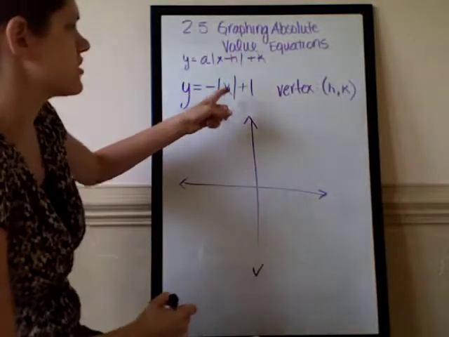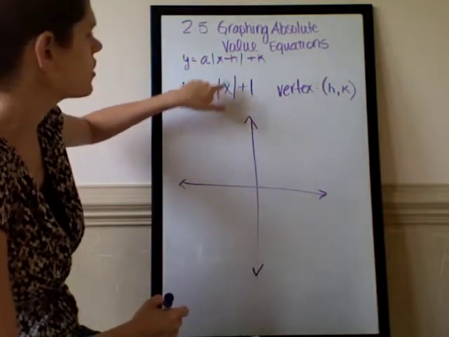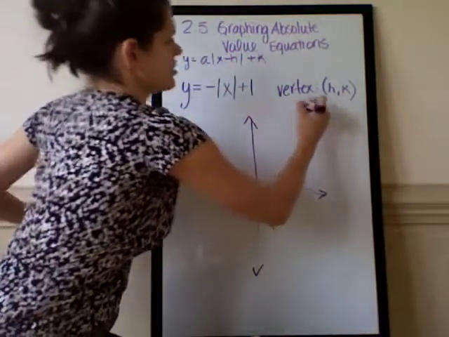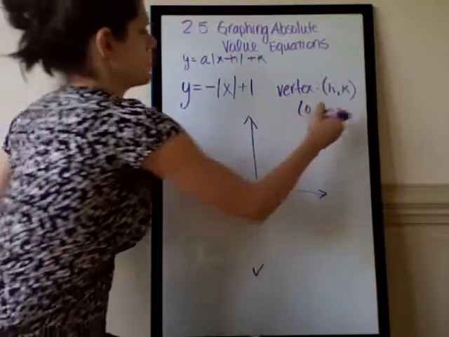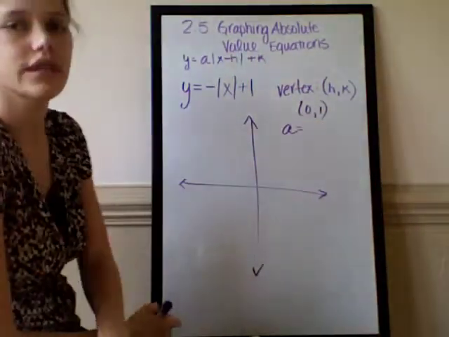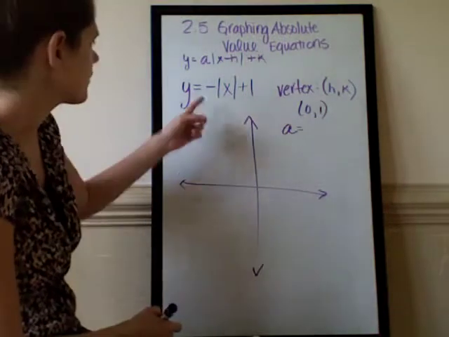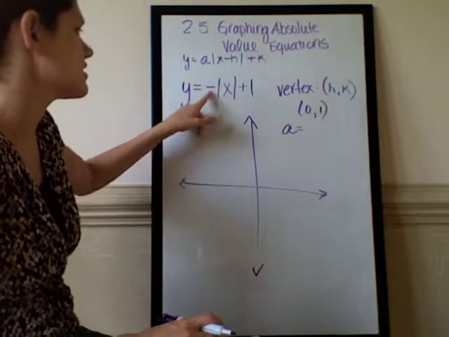My H is, well, what's my H? Is there an H inside the absolute value? No. So my H is 0. And my K is 1. So there's my vertex. Alright, now I'm going to pick up my value of A. The value of A is what's in front of the absolute value, which in this case is negative 1.